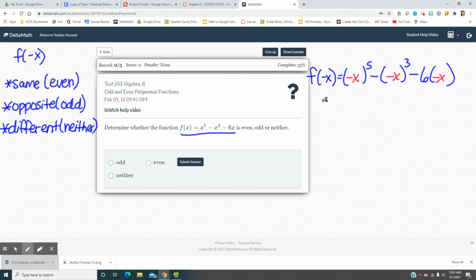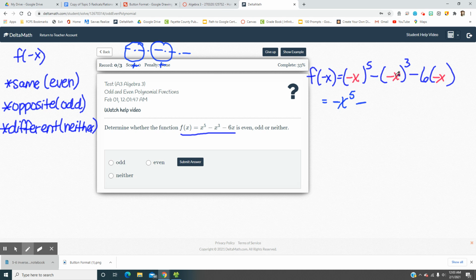So this equals, okay, negative x to the fifth. When you raise a negative to a fifth power, that means you're going to multiply a negative times a negative times a negative times a negative times a negative. And we know that a negative times a negative is a positive, but then you have a positive times a negative to be negative. So negative x to the fifth.